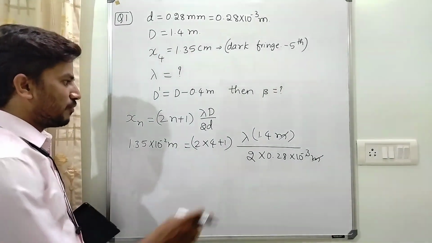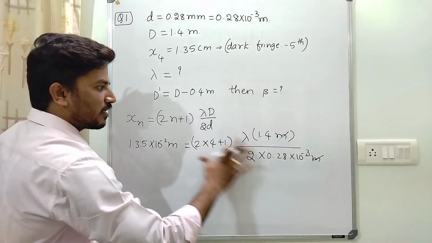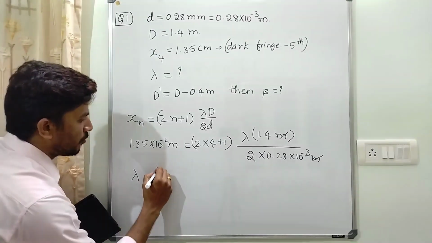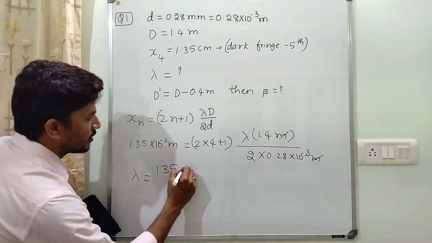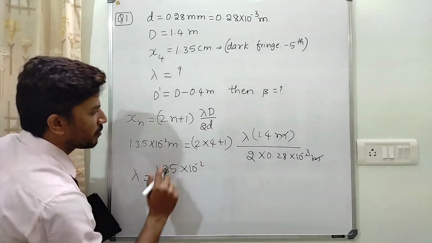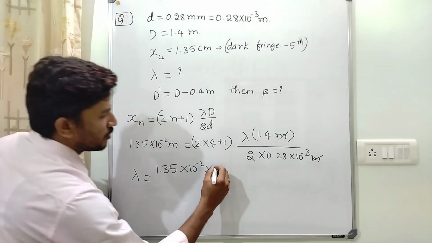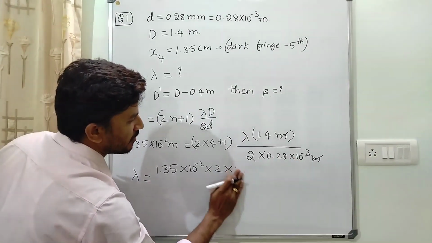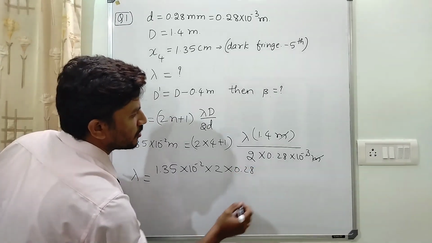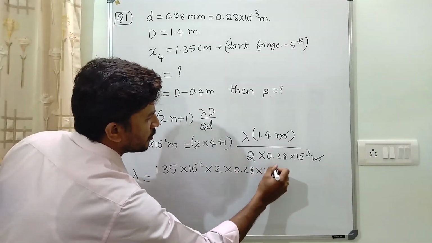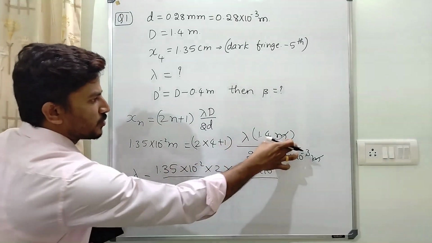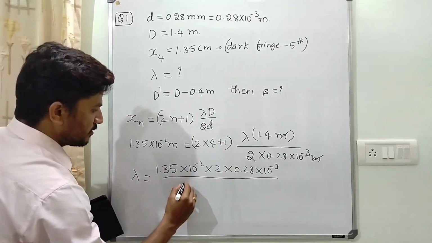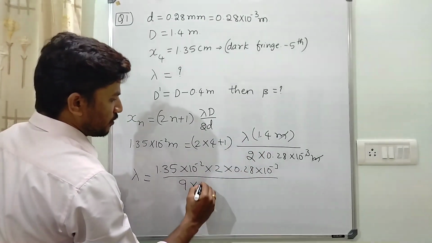Now, dear students, we need to calculate lambda, therefore we have to take all other values to this side. So lambda value will be 1.35 into 10 to the power minus 2 meter into 2 into 0.28 into 10 to the power minus 3, divided by, this will come down along with this one, 4 twos are 8 plus 1 is 9, into 1.4.